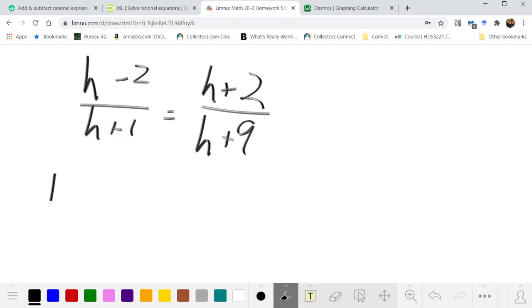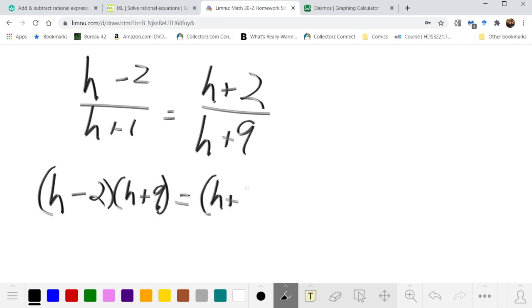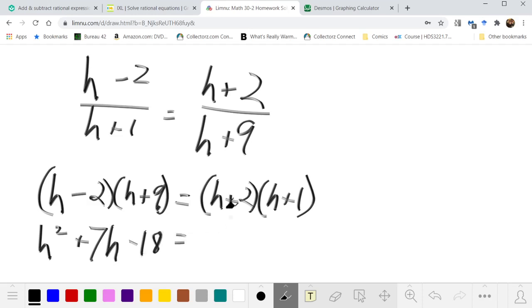Cross multiplying here, let's do this out in detail to make it easier for people to track who aren't quite used to doing it with just mental math yet. So now h squared plus 9h minus 2h is a plus 7, that's a 7h, minus 18. That's h squared plus 2h plus 1h is plus a 3h plus 2.